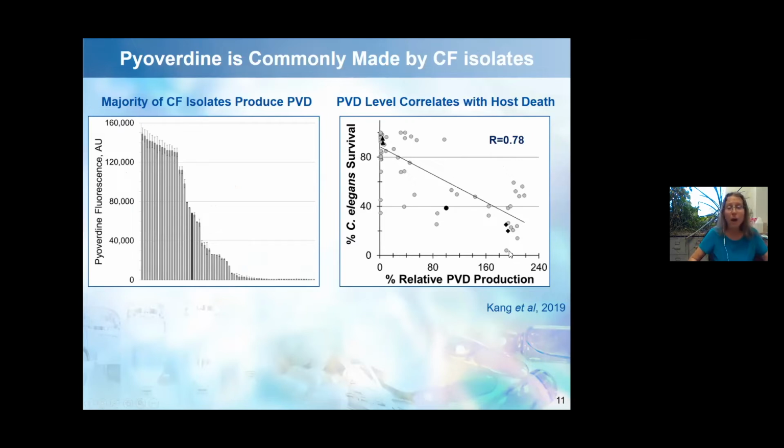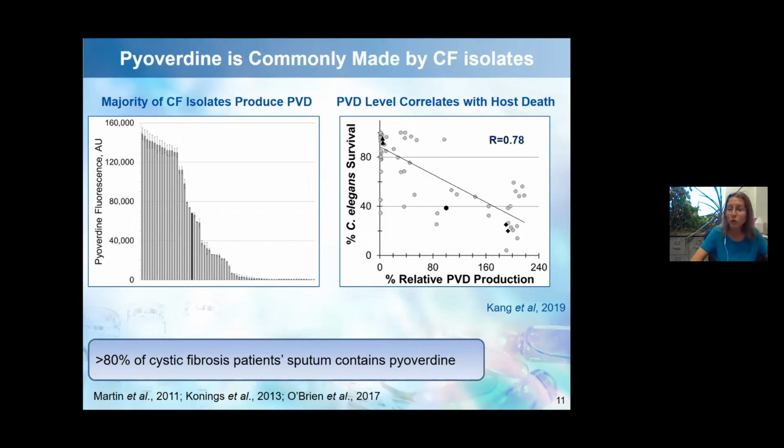The higher the amount of pyoverdine produced, and here they are normalized to the lab strain, the lower the C. elegans survival. And this observation is important because pyoverdine production is observed in about 80% of patients with cystic fibrosis.